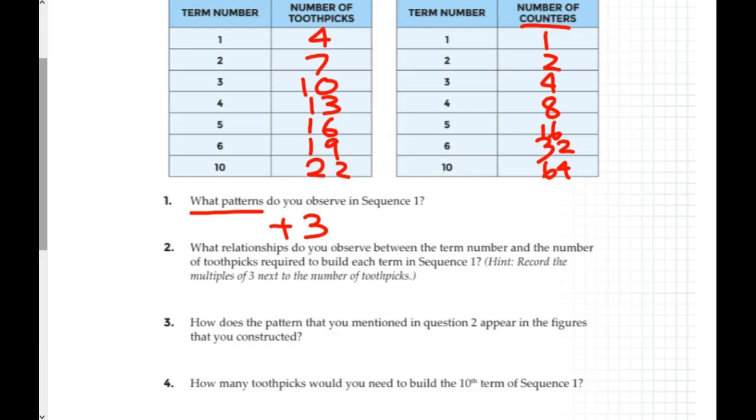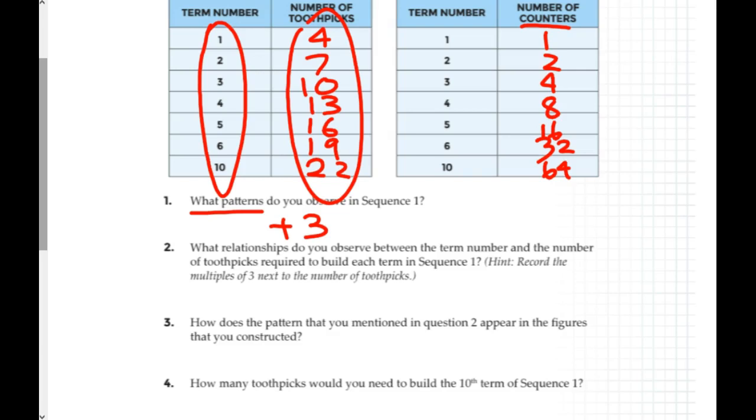Okay, so now I want you to think about this. Using the number 3, how do I get from these numbers to these numbers? Okay, so how can I get from 1 to 4? Plus 3, okay? But on number 2, if I add 3, that would not be 7, right? So that's why they gave us a little hint here.